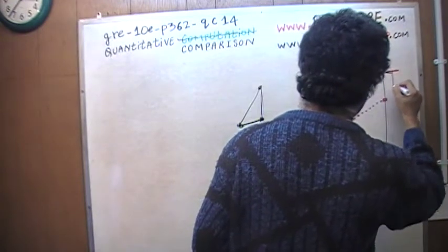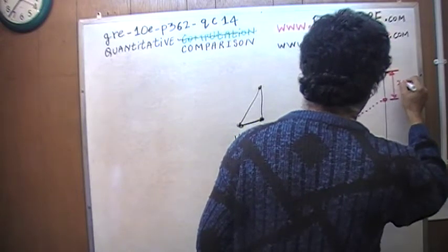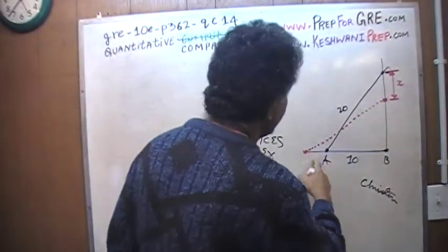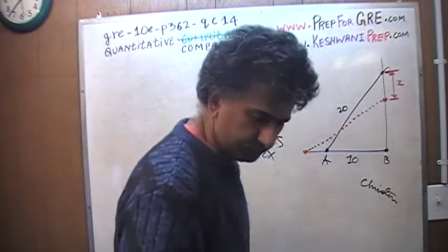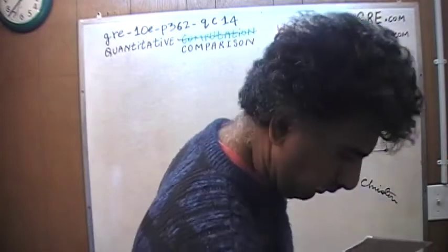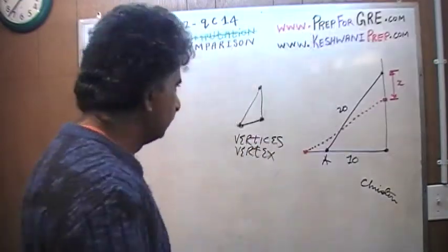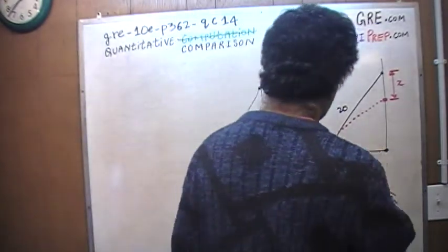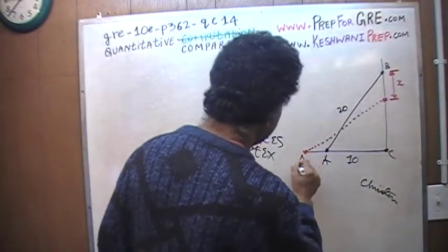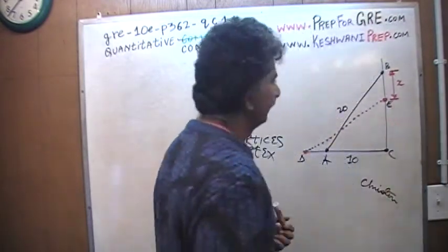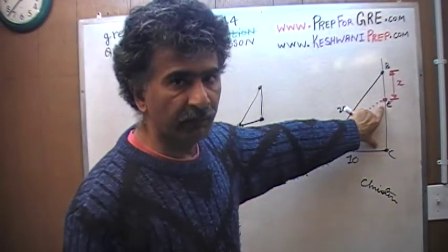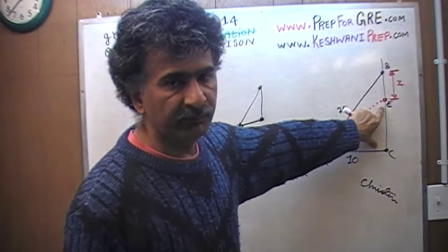And this distance from here to here, they're calling it X. Let's call this A, B, C. Let's call this point D, and let's call this point E. They're telling you the distance from here to here is X. They do not give any name to this distance, which we're going to need to talk about, and it'll be easier to talk about it if we have something to call it.